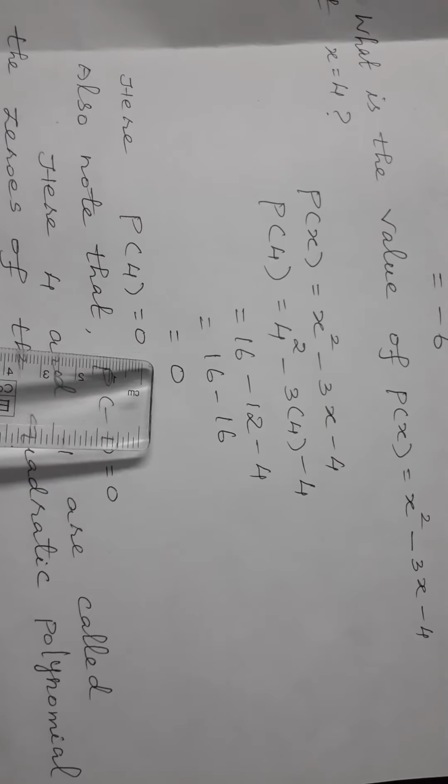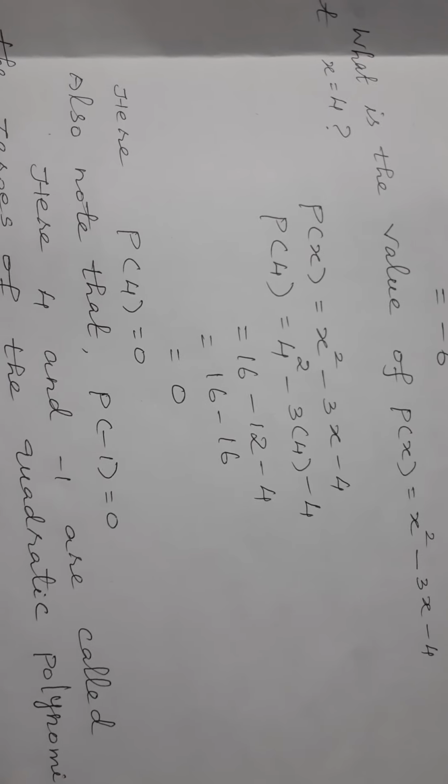Next, what is the value of p of x equal to x square minus 3x minus 4 at x equal to 4? The polynomial is x square minus 3x minus 4. We put 4 in this polynomial. The answer is 0. Here p of 4 is equal to 0.